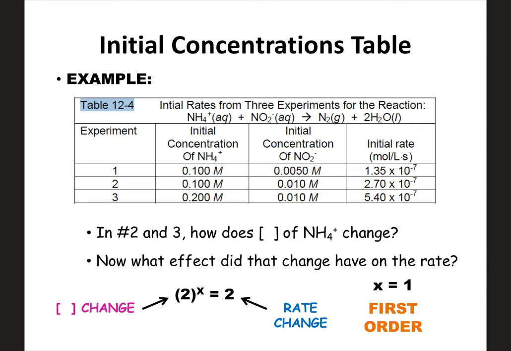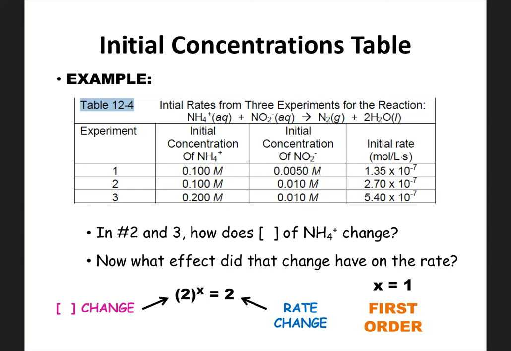Remember, you should be aware of the math here. Essentially, you try to put the bigger one on top. So it looks like the concentration and the rate is greater for experiment 3. So I would do the rate of the third one equals the concentration of your NH4 plus raised to a power, all over the rate of the second one equal to the concentration of your NH4 plus there raised to the power.